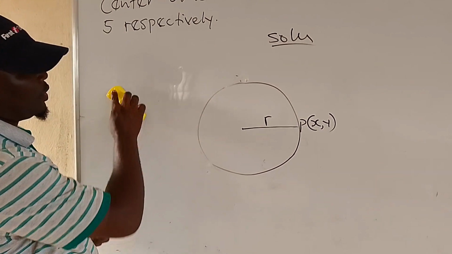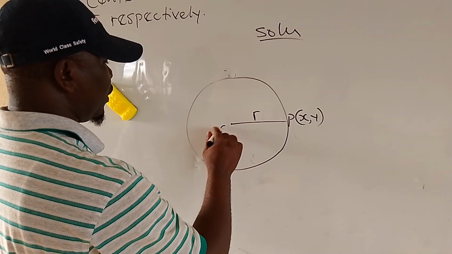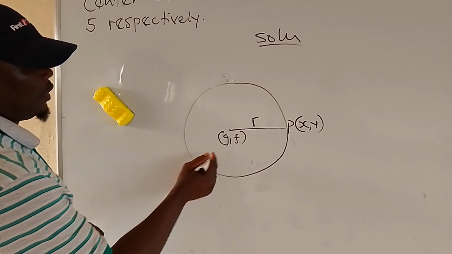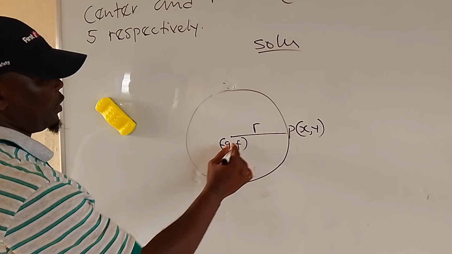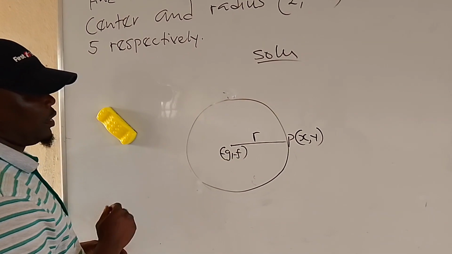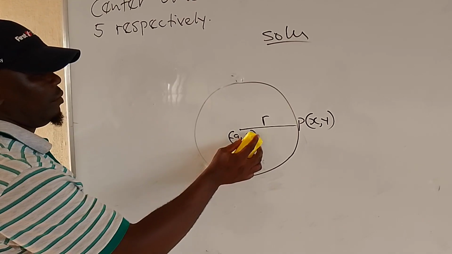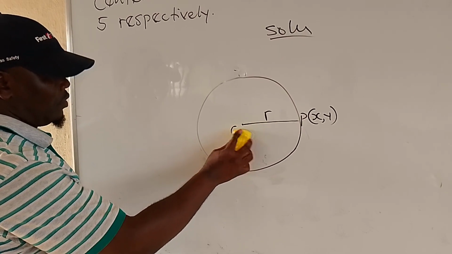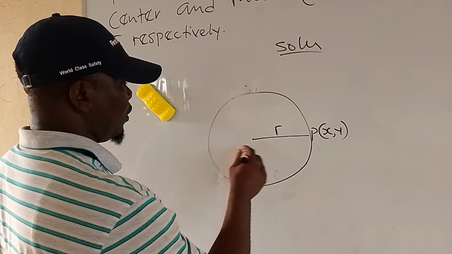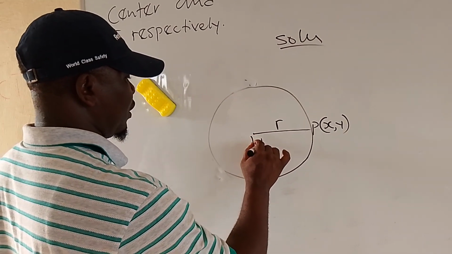Instead of h and k, we can use g, f. But note that the center is always negative. Are you following? But since we are talking about the general form of the equation of a circle, let us use h and k.